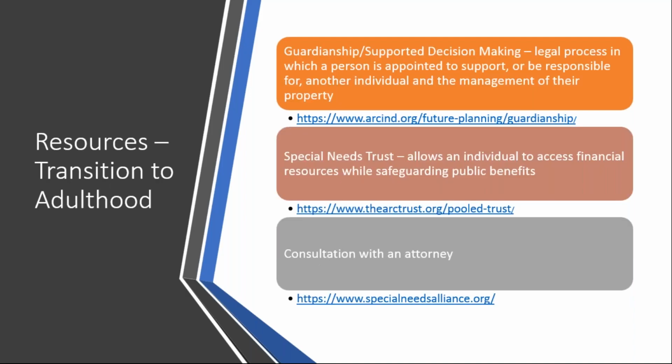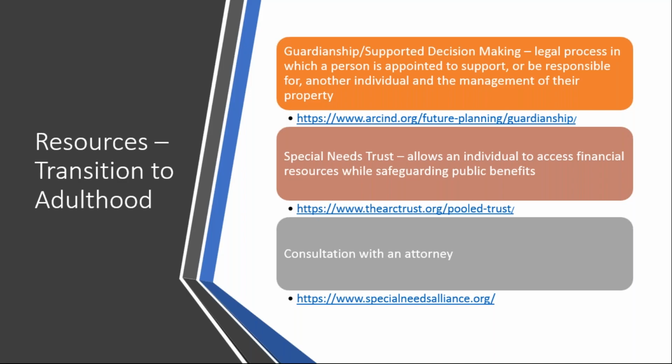And finally, a last couple things here, with the transition to adulthood, many families have questions about their child with an intellectual disability when it comes to guardianship and supported decision making. That's the legal process in which someone is appointed to support or be responsible for another individual's property and finances. If a family wants to learn more about that, the ARC of Indiana has a lot of great information about this.